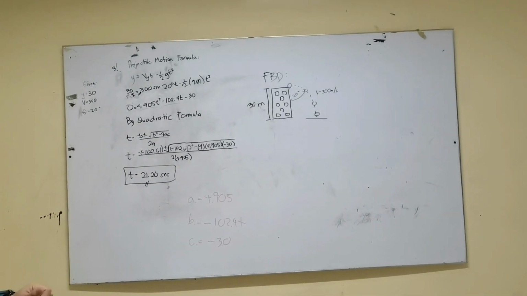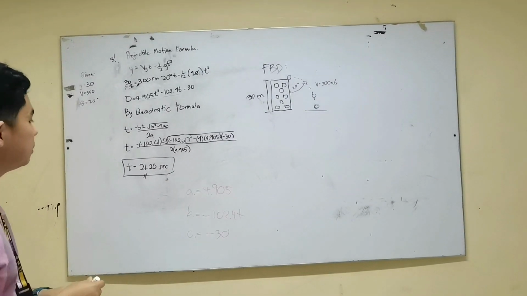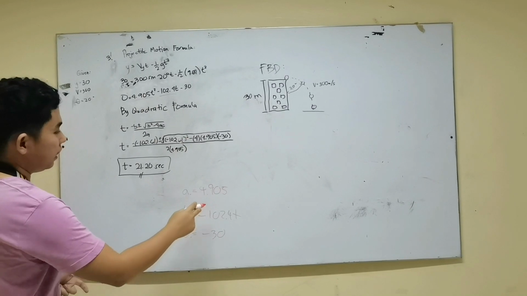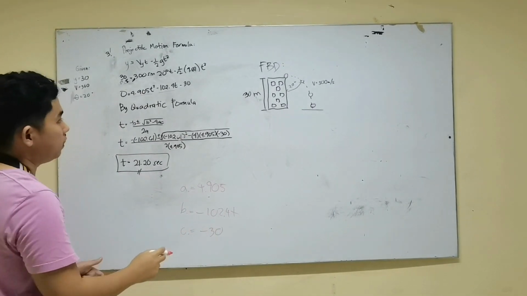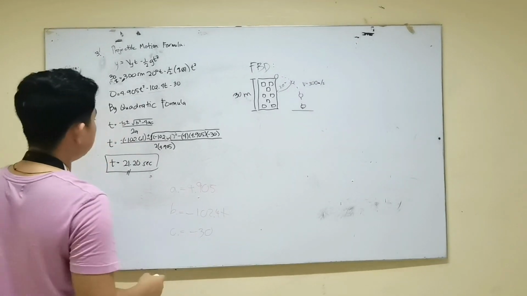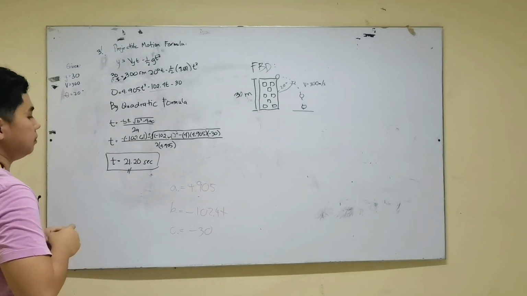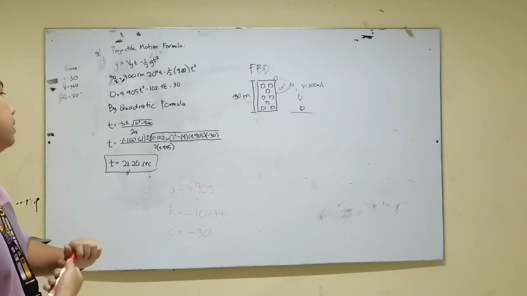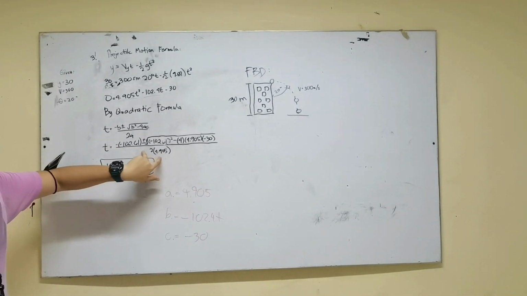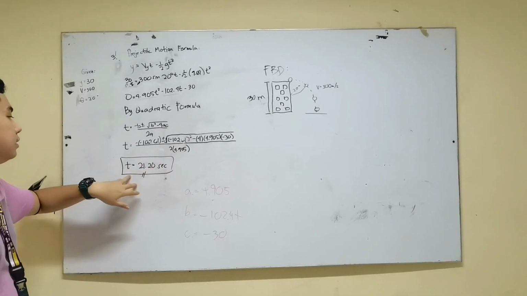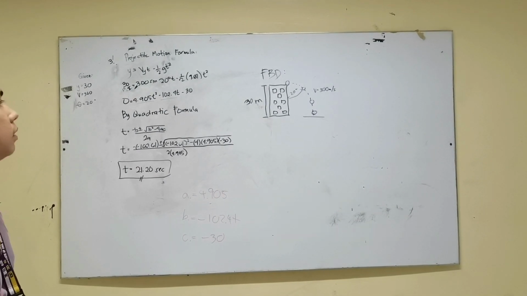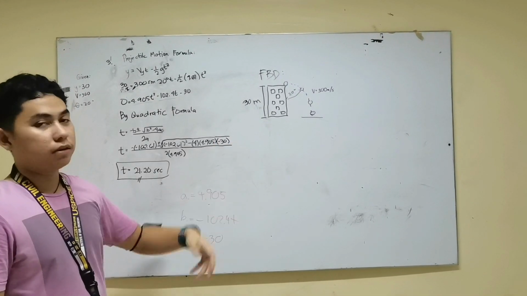The next step is to use the quadratic formula, where A is 4.905, B is negative 102.40 and C is negative 30. After inputting our given, we get the time of 21.20 seconds for the ball to hit the ground.